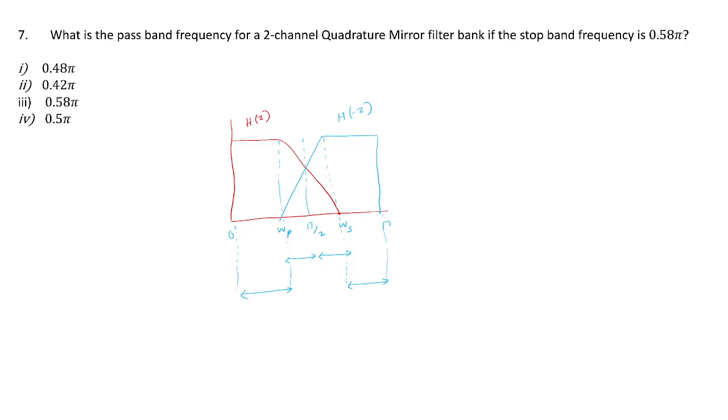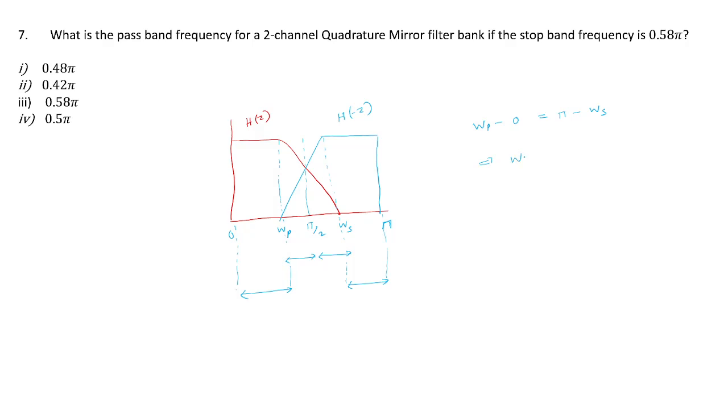This is pi. So this gap, denoted as omega p minus 0, is equal to this gap, which is pi minus omega s.